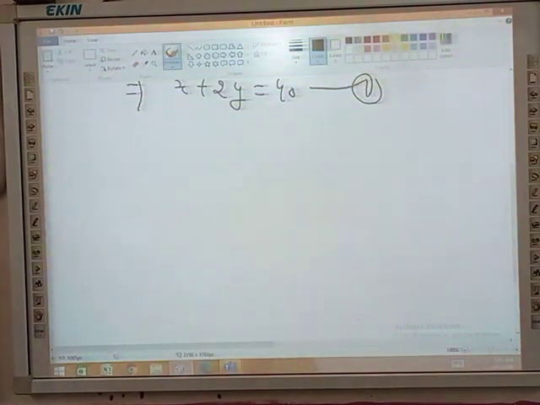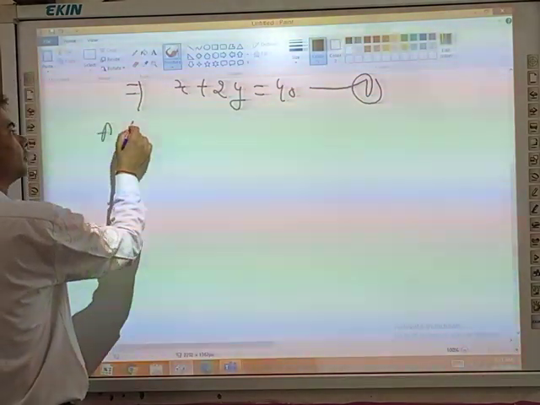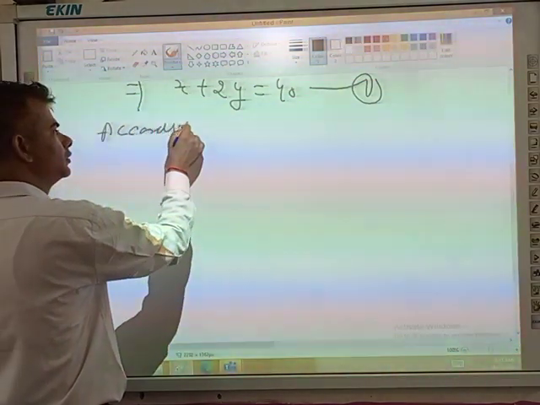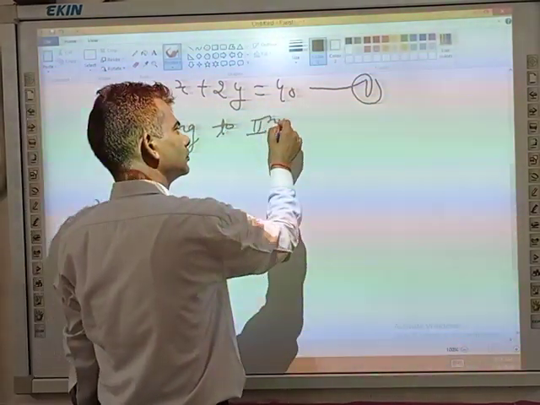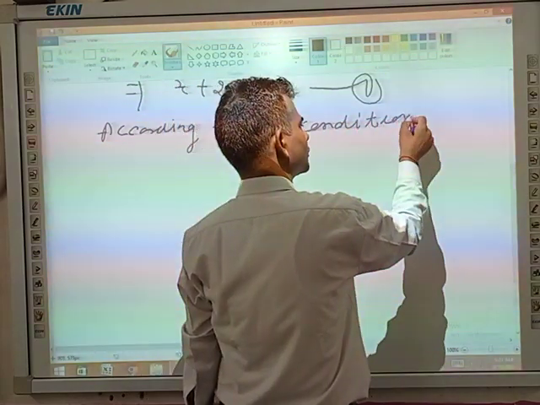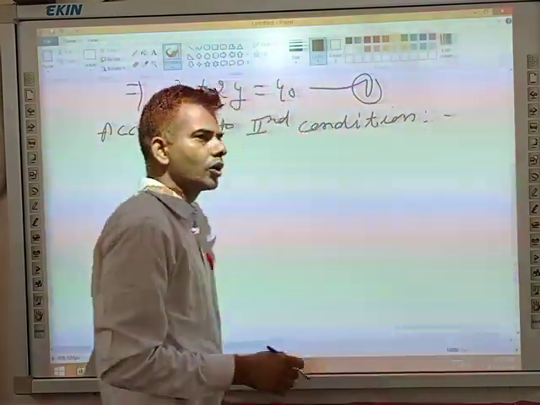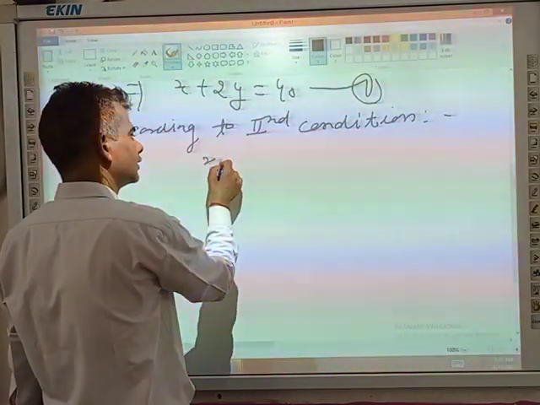Now student, total number of notes are 25 according to second condition. Total number of notes means 50 rupees notes and 100 rupees notes are 25, that is x plus y equals 25.